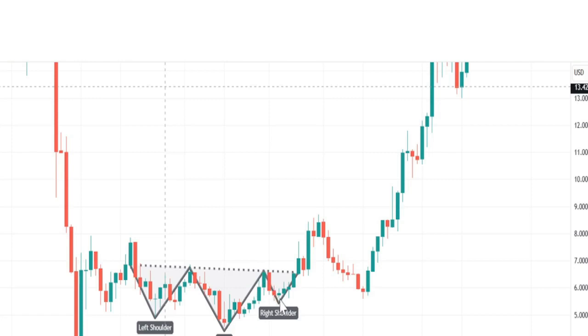Then there will be a push downwards that will push forward again towards this neckline to complete this pattern. So this pattern is only completed once there is a breakage of this neckline. So you either enter the trade on this candle, or you can enter the trade on the retracement of this neckline.